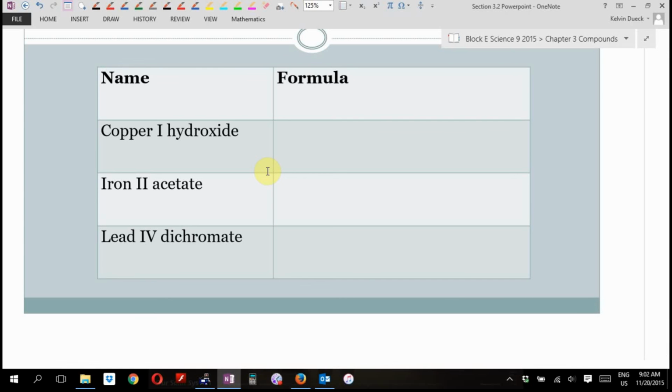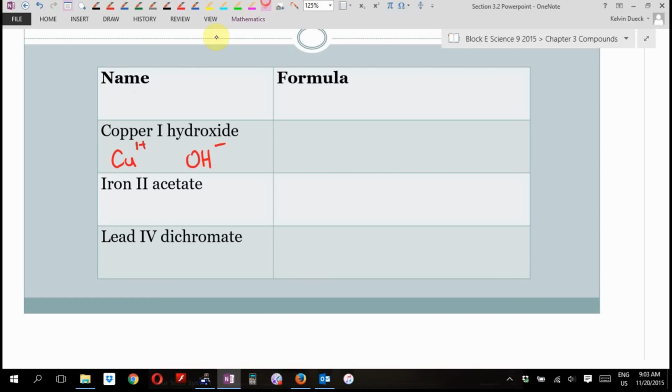All right. Well, I certainly know that hydroxide is OH negative. I know copper is Cu. They want me to use that charge because there's a Roman numeral 1. Again, and this is for Brooke who was away, but for all of you, notice copper has more than 1 ion charge. They have to tell me which one they want me to use.